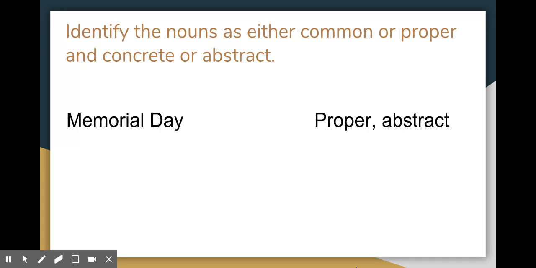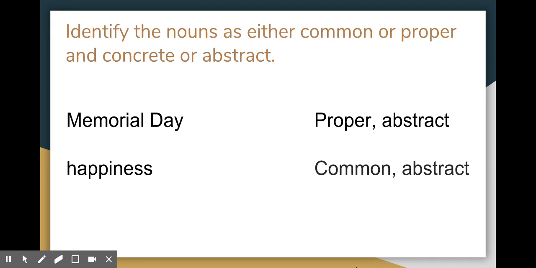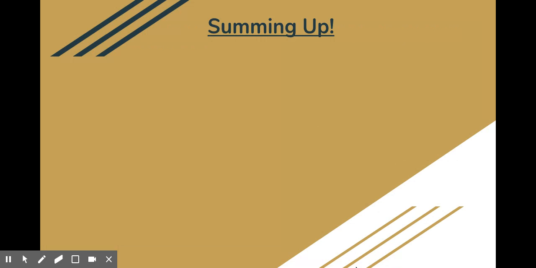Proper, abstract. Happiness. Is happiness something that is common or proper? And is it concrete or abstract? Can I touch it or not? You should have common and abstract. What about box? Okay, box is common and concrete.